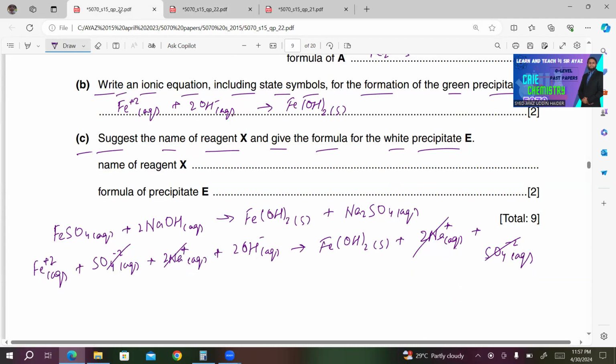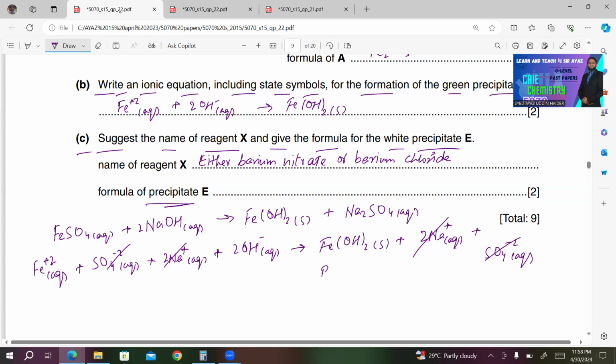So you can write either barium nitrate or barium chloride. This one is also one of the soluble salts. On reaction with iron 2 sulfate, you'll get a white precipitate of barium sulfate. So the formula for precipitate E must be BaSO4.